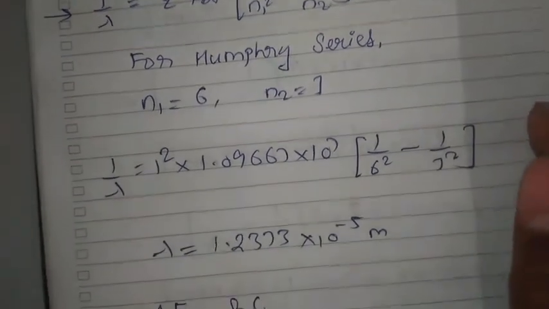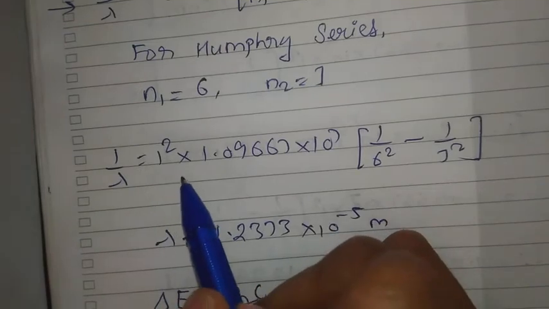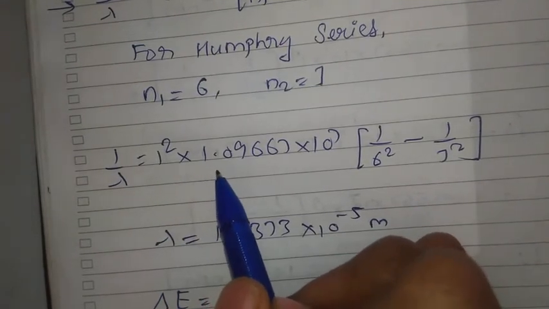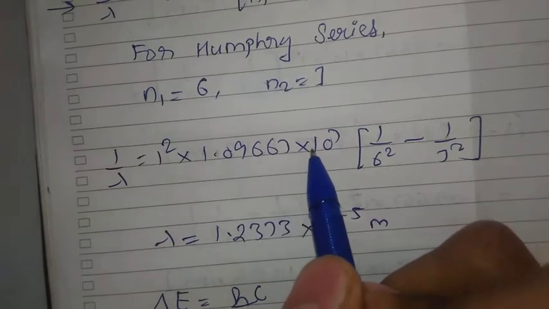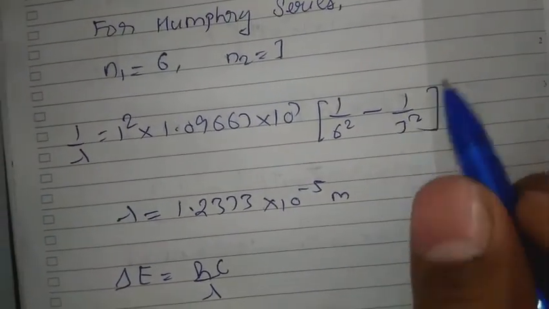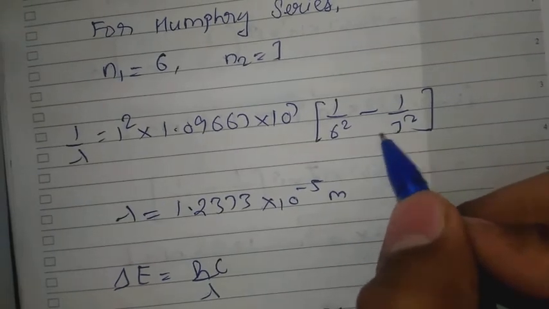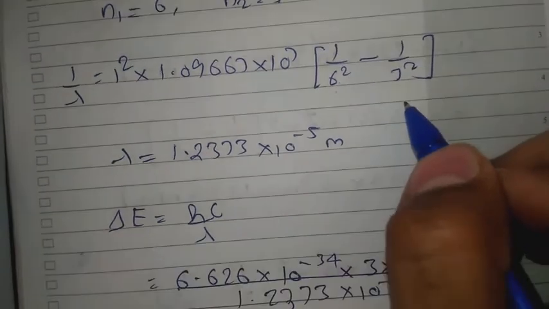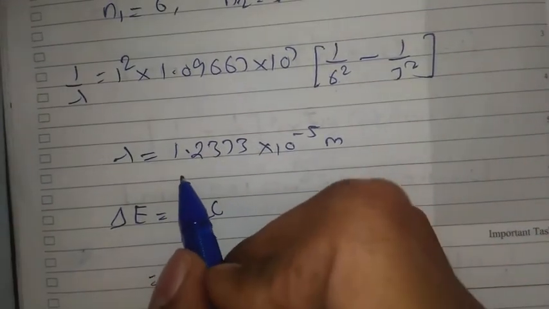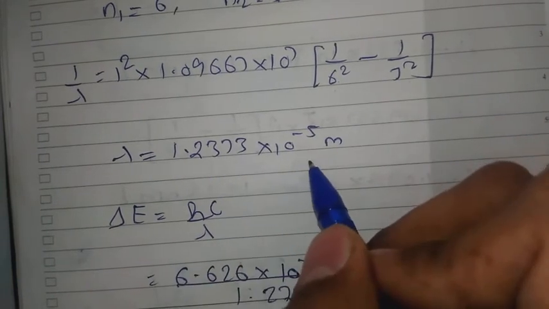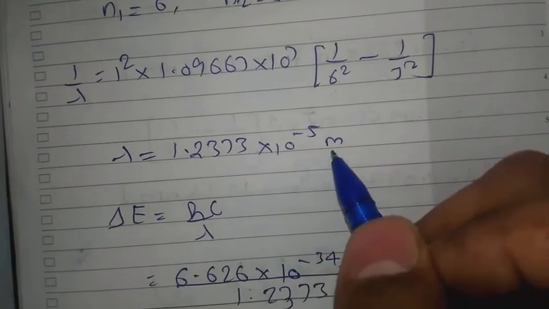So using the formula, 1 by lambda is equal to 1 into 1, the atomic number, into 1.09667 into 10 to the power 7 into the bracket. Since it is falling from the 7th level to the 6th level, n1 equals 6 and n2 equals 7. So lambda will be found as 1.2373 into 10 to the power minus 5 meter.